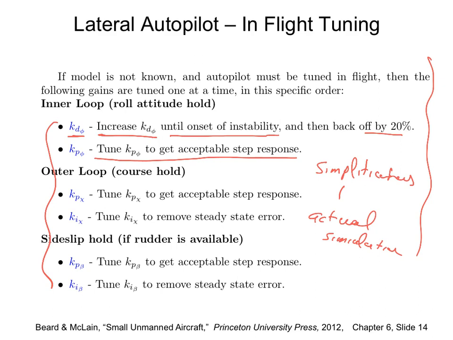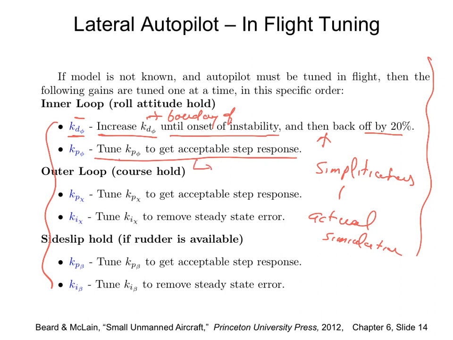So first start with KD, make KD as big as possible, keep increasing it until the system becomes unstable. You have to find that boundary of instability and then come back by 20%. So we choose KD such that it is at 80% of instability.